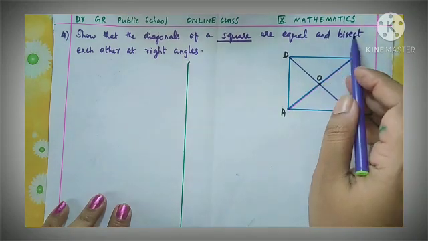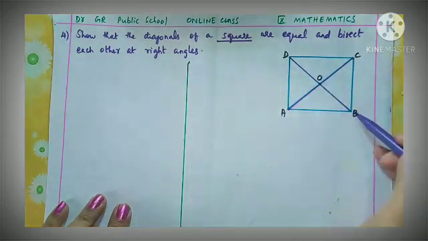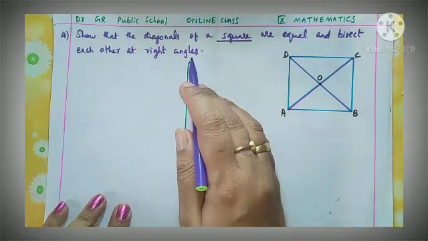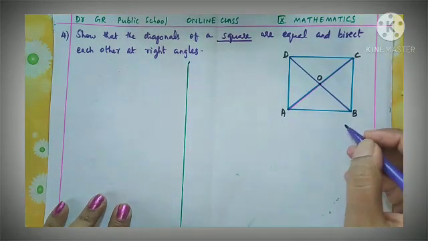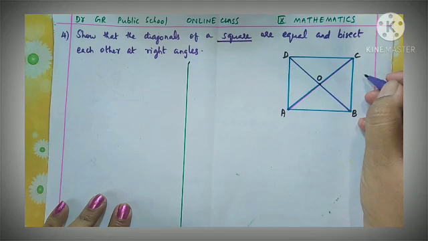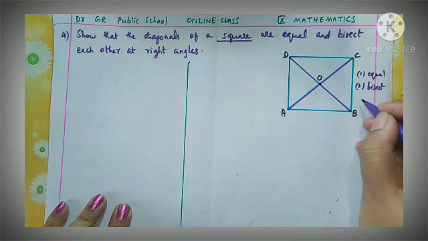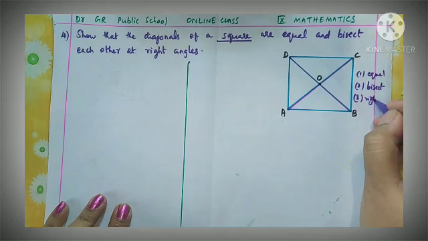Then bisect each other. The diagonals bisect each other and at right angles. So actually here we want to prove the three results. What are they? Diagonals are equal and diagonals are bisecting and diagonals cut at right angles.